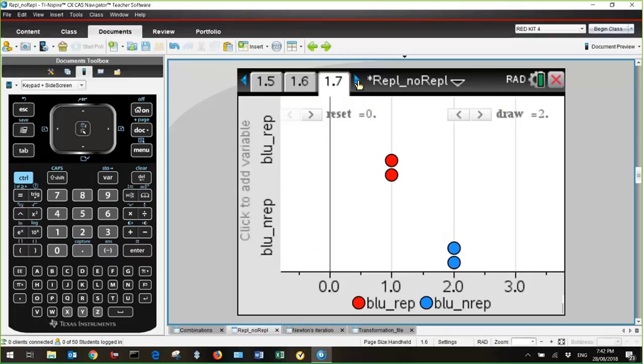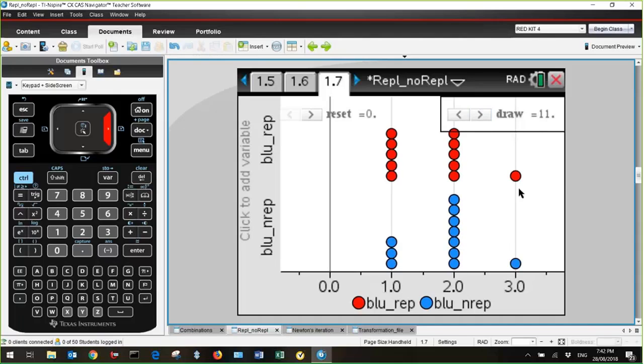The top one is with replacement, the bottom one without replacement. And as I draw more samples, it populates the list. Now I'm capturing these values not using data capture, but with a small program.